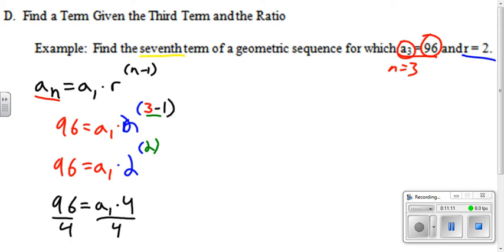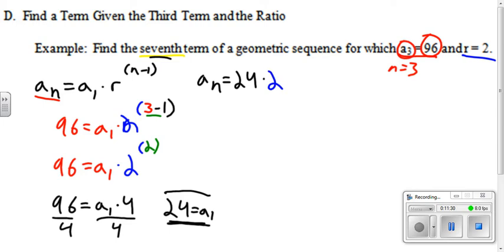And we would say that 24 equals a sub 1. So now we found enough where we can make a full equation to use with our seventh term. So we'd say a sub n equals a sub 1, which we know is 24, times r, which we know is 2, to the n minus 1 power.